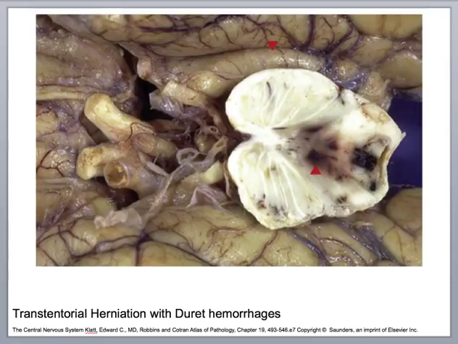Note the deep groove on the right medial temporal lobe, indicated by the red down triangle, caused by pressure against the tentorium. When there's a marked degree of herniation, you can get hemiparesis ipsilateral to the site of herniation, caused by compression of the contralateral cerebral peduncle.